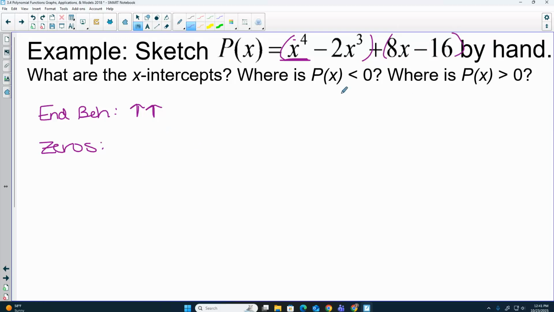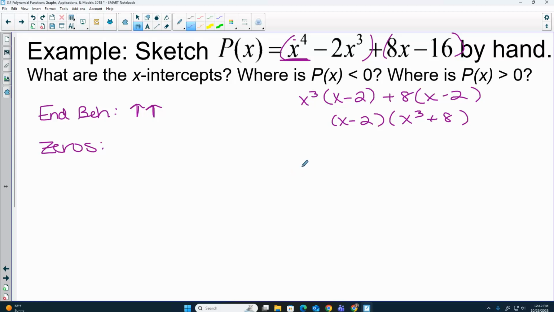So we could take an x cubed out of this, an 8 out of this. They both have x minus 2. So my zeros, if we set those things equal to 0, if you set x minus 2 equal to 0, you just get 2.